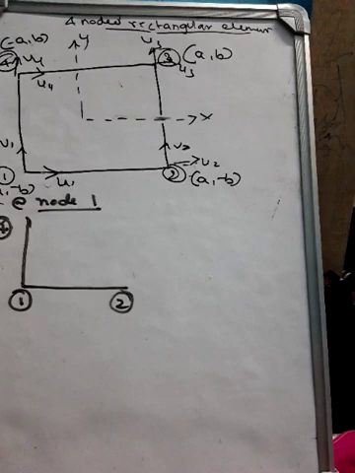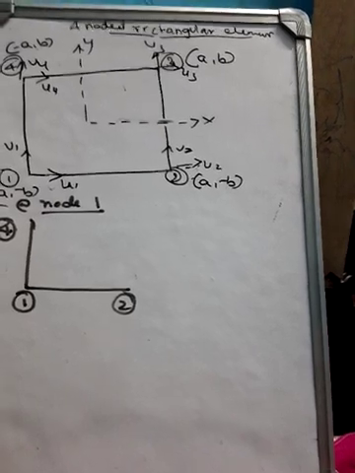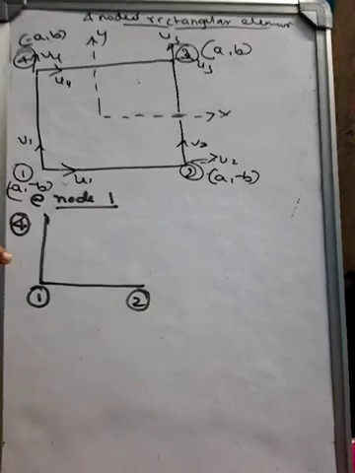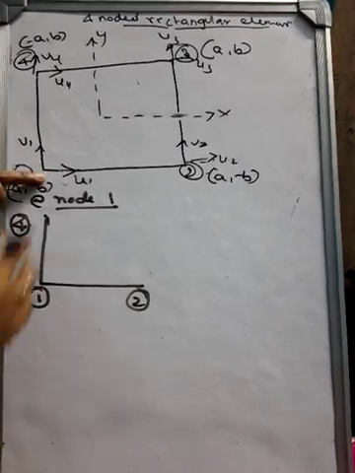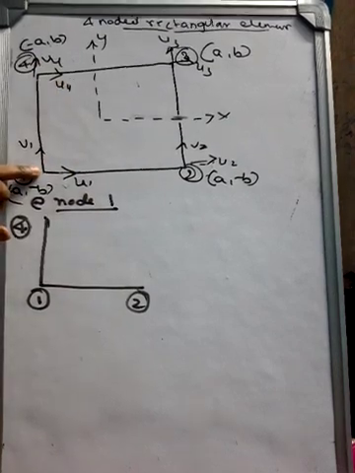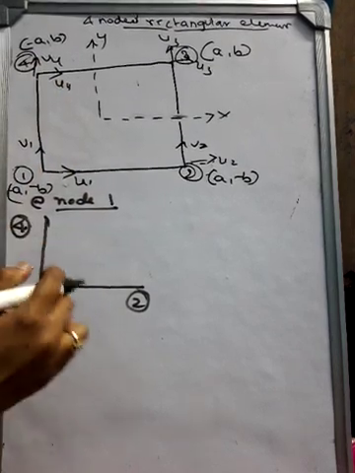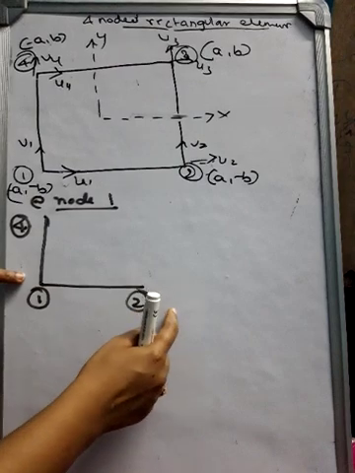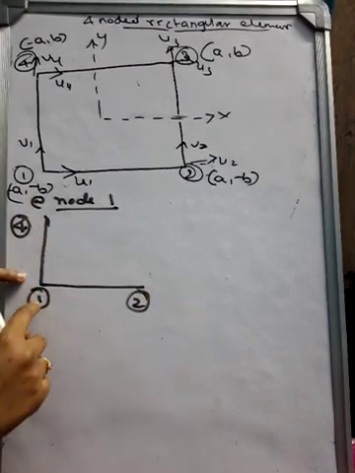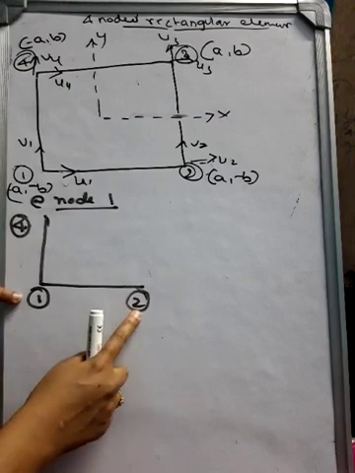See here, the important thing is you have to just see about this node. This node is connected to the second node and to the fourth node. Now, what is our x direction? This is our x direction. This is our y direction. Now, in the x direction, it is connected to only two nodes.